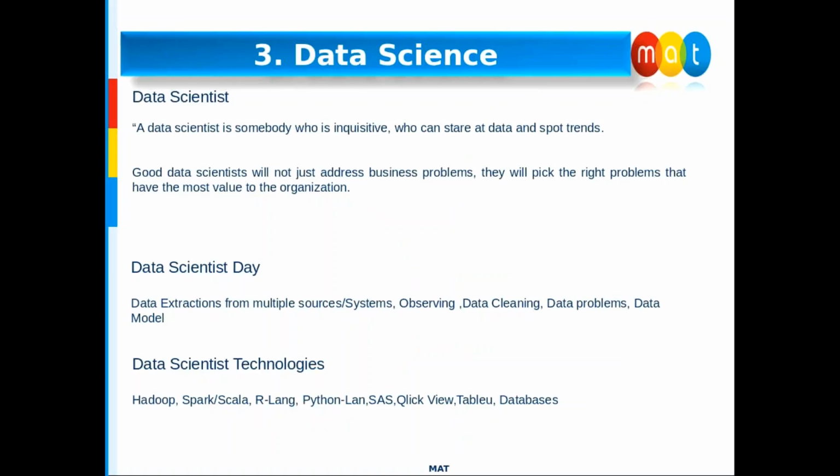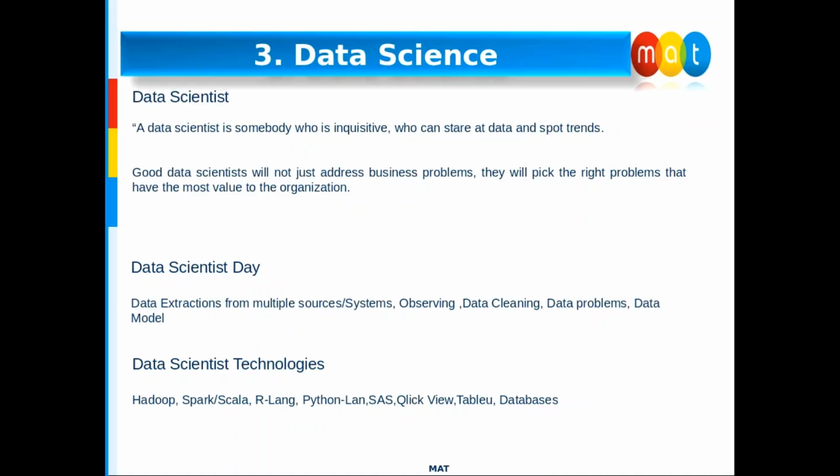Data scientist. How does a data scientist's day start? How does a data scientist's day end? What are the different activities data scientists will do? If I ask you, you're a mainframe programmer, or mainframe lead, or QA lead, or Java lead, or Java programmer, or Oracle lead, Oracle programmer, you know what you are going to do. How your day starts, how your day ends, right?